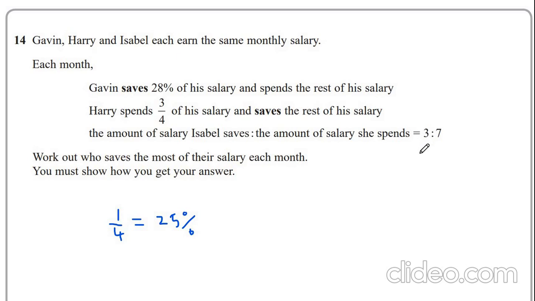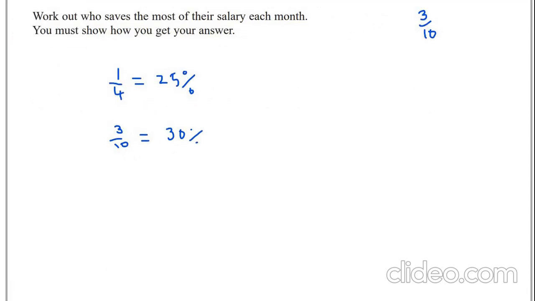So she saves 3 out of 10. 3 out of 10 as a percentage is 30%. So it looks like Isabel is the person that saves most of their salary.